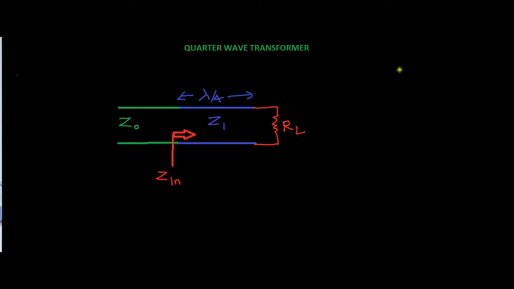the load impedance is matching with the source impedance. Suppose you have a transmitter with characteristic impedance Z0 and it is connected to the load RL. If the load impedance RL is not equal to Z0, then what happens? Part of the wave or the signal will get reflected back.